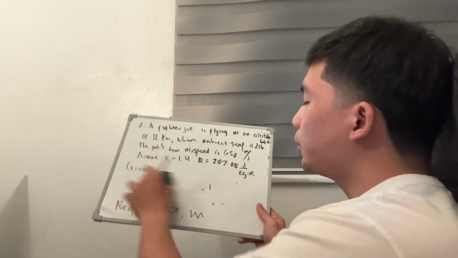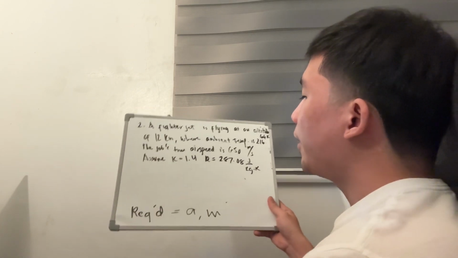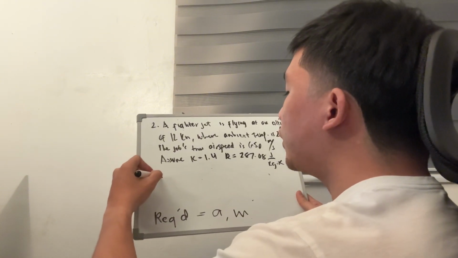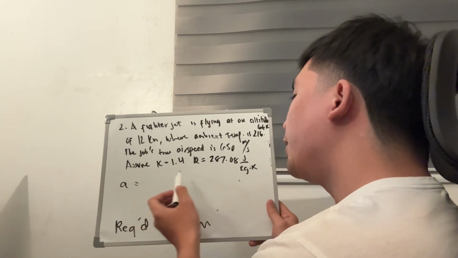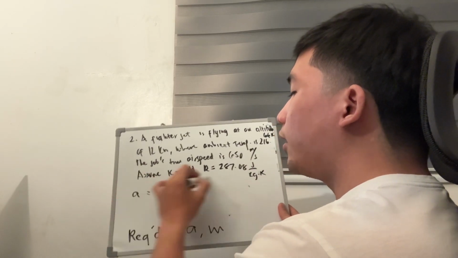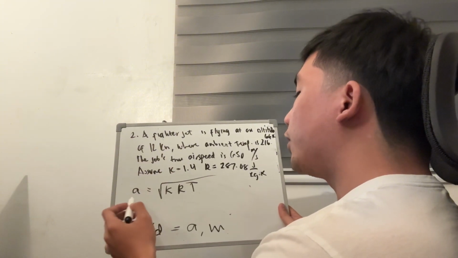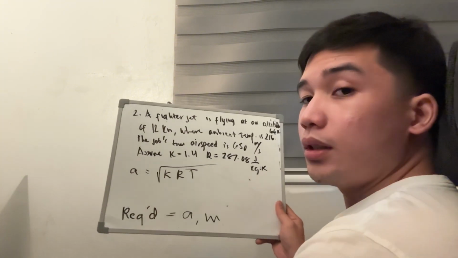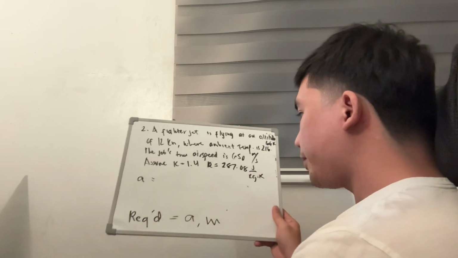So first, we need to solve for speed of sound, which is A. For our formula, since we have K, we have R, and we have T, let's use the formula square root of KRT for our speed of sound. So let's put in the values.